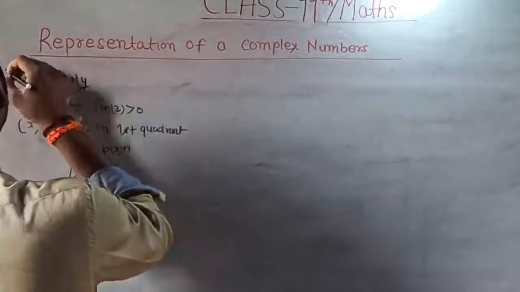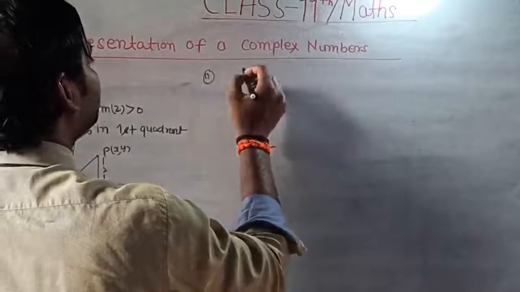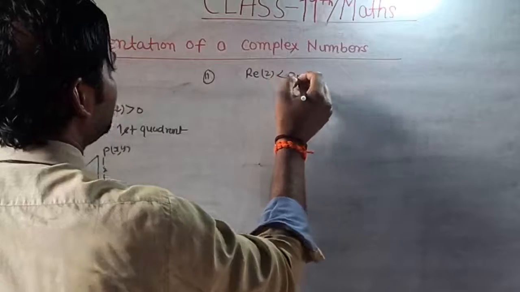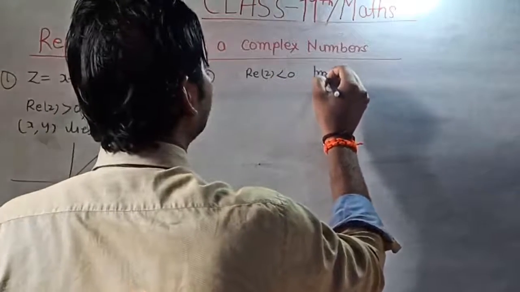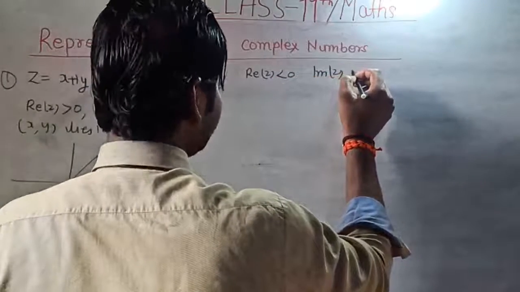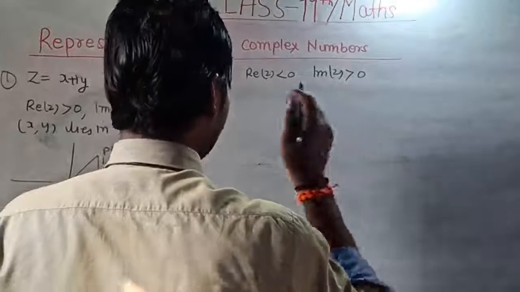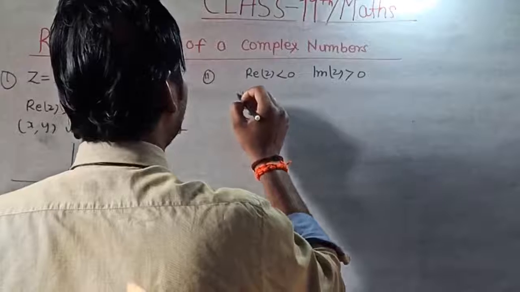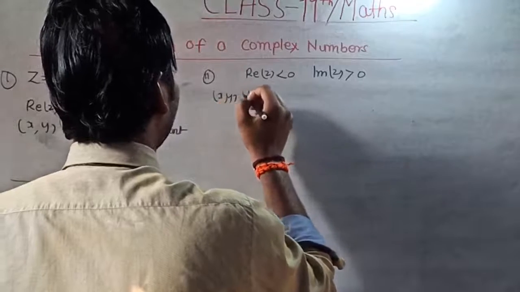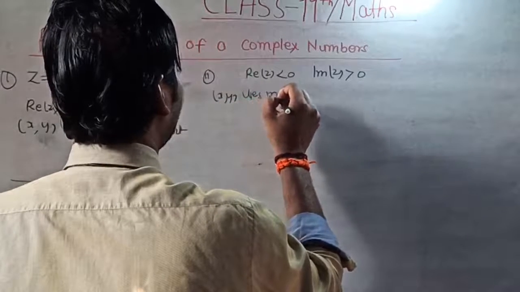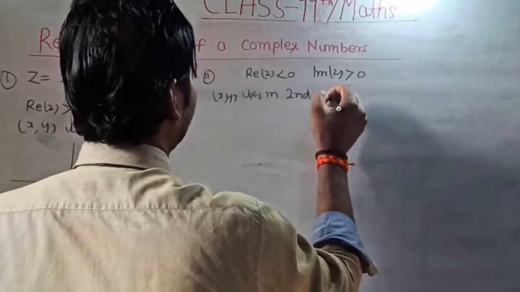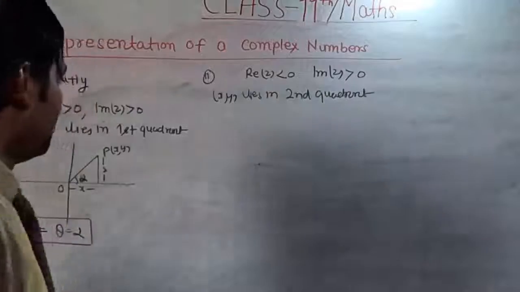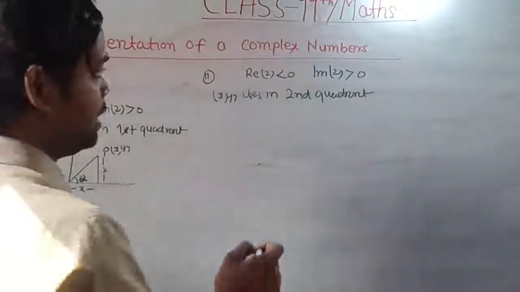Second case: if the real part of z is less than 0 and the imaginary part of z is greater than 0, then the complex number x comma y lies in the second quadrant.